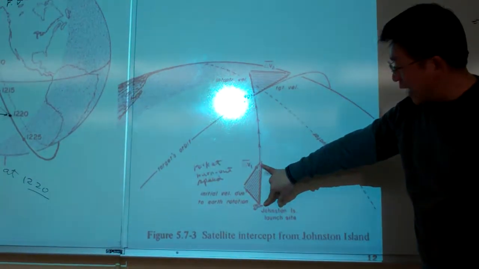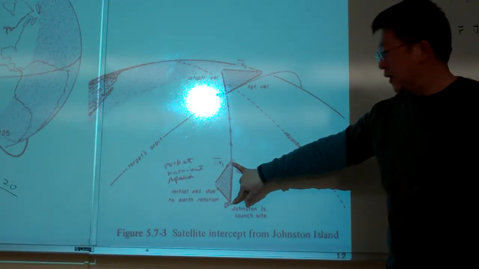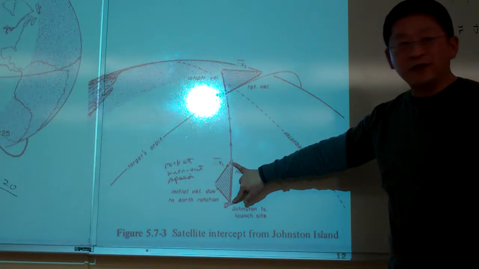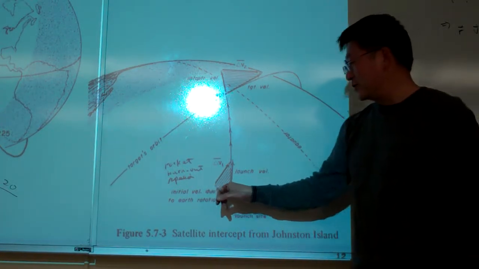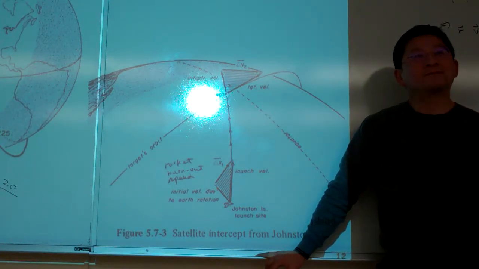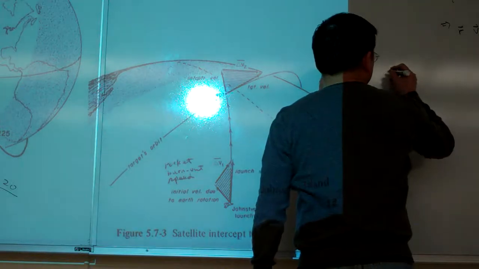This is the absolute, the total speed at the launching, and part of the speed will be provided by the rotation of the Earth. How do we calculate that? The rotation speed on the Earth's surface.